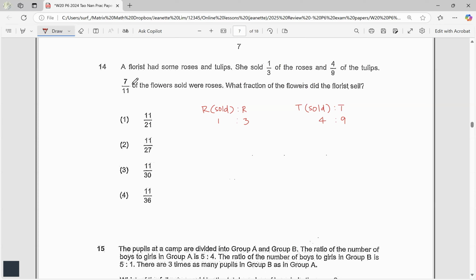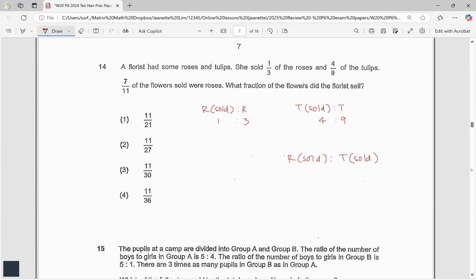Okay, so 7/11 of the flowers sold were roses, which means that out of the total number of flowers that were sold, 7 units were roses, and let's look at the rest, which is tulips sold. So out of all the flowers that were sold, 7 units were roses and 4 units were tulips.